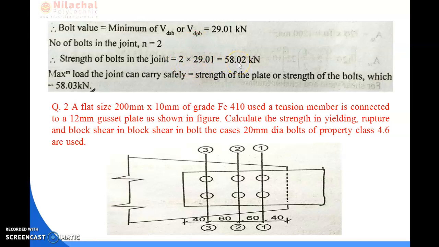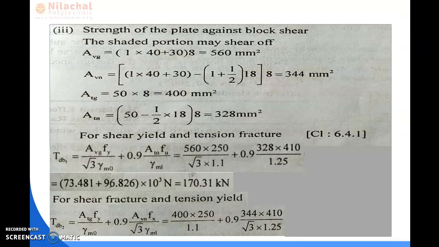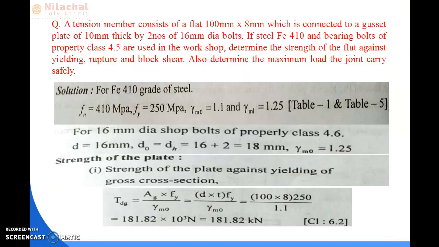So the minimum value will be 58.02 kilonewton. That means the strength of the joint in case of tension member while the plate is connected with a gusset is 58.02 kilonewton. So this is all about your plate section calculation in the tension member.